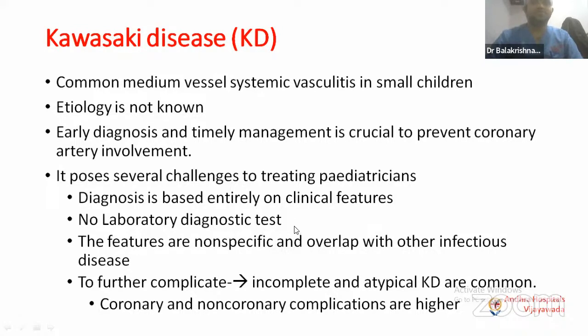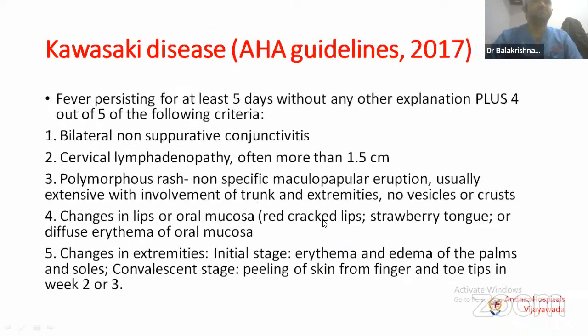One child had sterile pyuria, fever was there, rash was there, and after that the rash completely subsided. This particular child, we thought it could be meningoencephalitis. We did everything. The antibiotics were started, but still the fevers did not subside. So one catchy point was the perianal excoriation and reactivation of BCG scar. The features are very non-specific and they overlap with other infectious diseases.